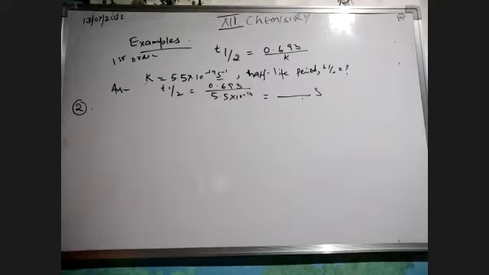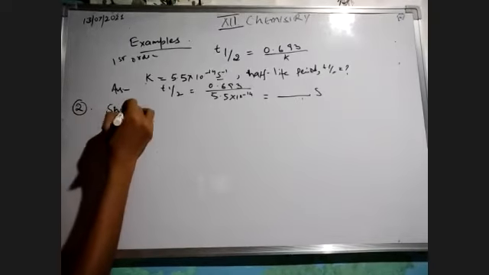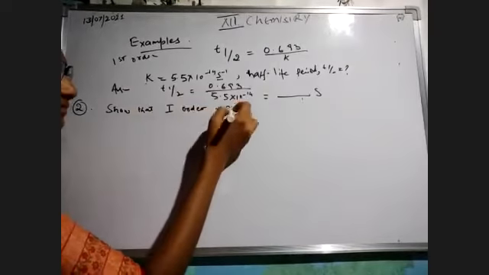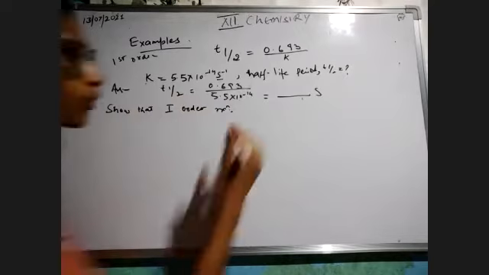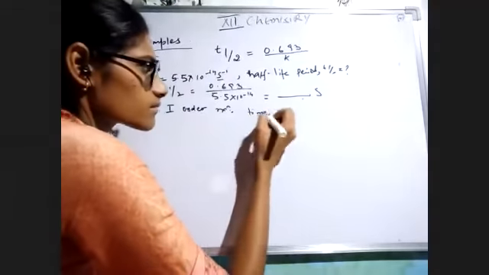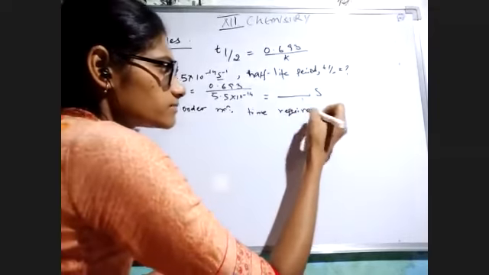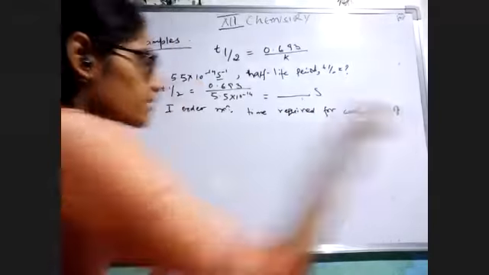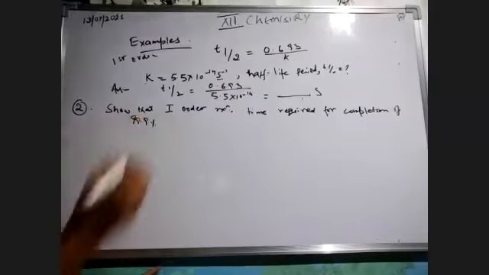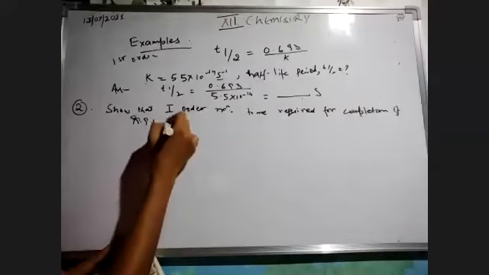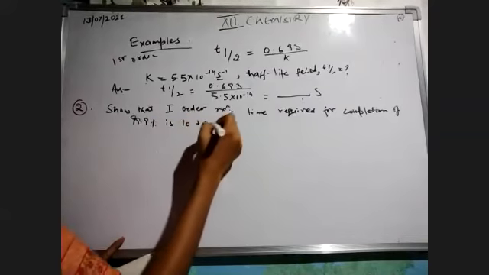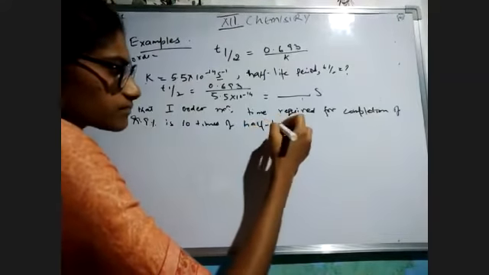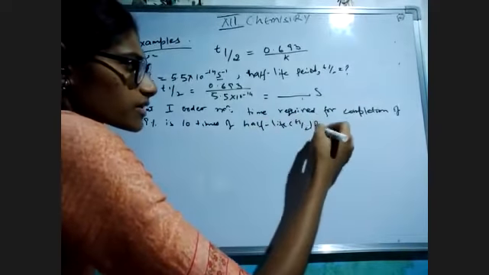The question asks, show that for a first order reaction, the time required for completion of 99.9% is 10 times the half-life of the reaction. That means T half of the reaction. Okay.